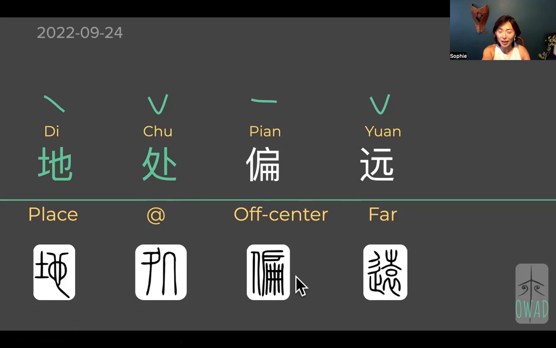And then this 偏 has three symbols put together. We have this human figure. This is the current way of expressing human, but in the ancient way, a lot of times, especially if it's part of a bigger character, it was put to the side and had one line a little bit longer covering over the other line.